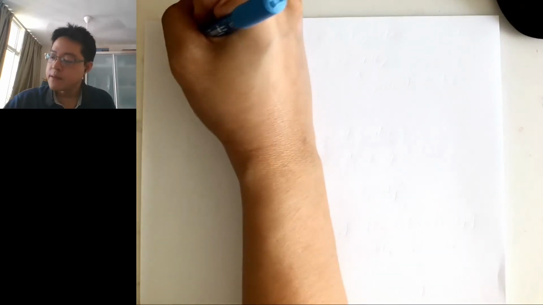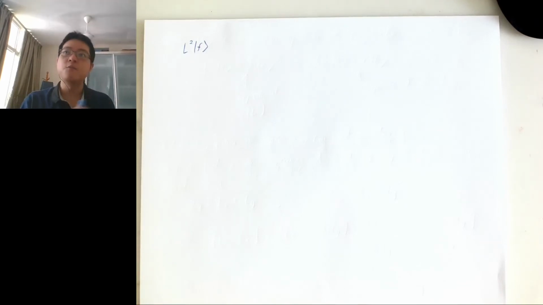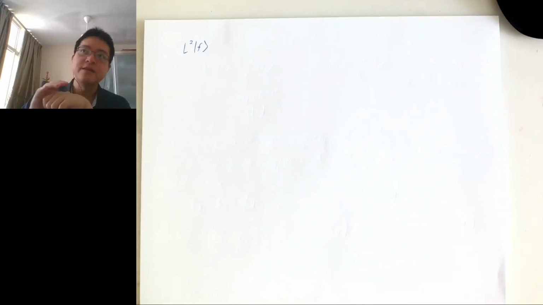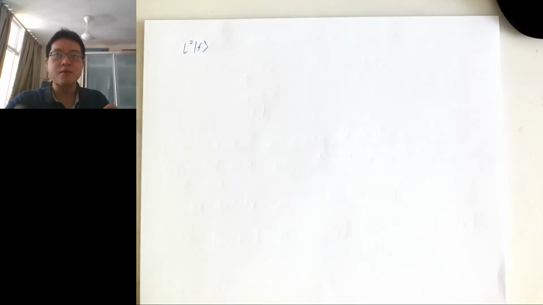So L plus and minus behave like the creation operators. What did we mean by the ladder operator? It means that if I operate the ladder operator on a state, it will create a new state. It doesn't keep the same state anymore; it's no longer the eigenstate.